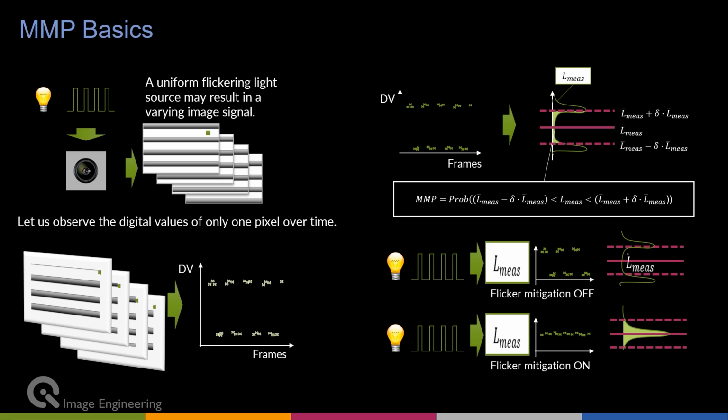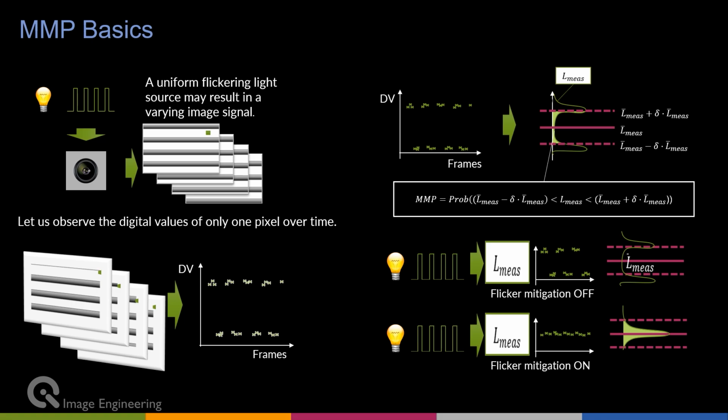Or if you have some bands going through the scene because of flickering artifacts, that will also cause this pixel to get brighter and darker over time. So if we have this flicker, that gives us two distributions over time, which we can then observe. Now we can use the same approach as we use for CTA.